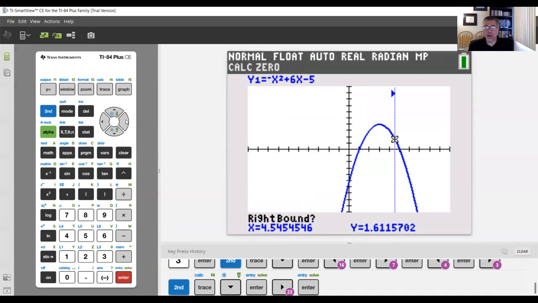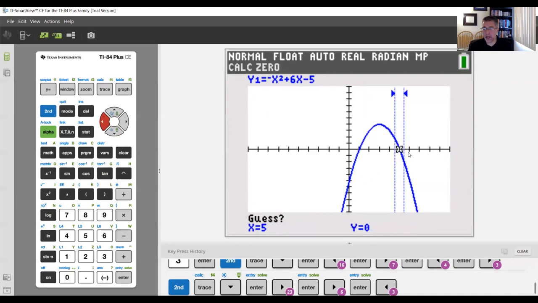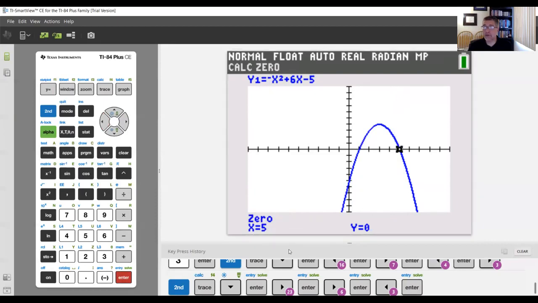Then I go to the right of the intercept and hit enter. Then I make an educated guess based on line of sight of where I think this is, hit enter, and look at that. My next zero was at 5. So this helps me get the x-intercepts: the first was at 1, 0, and the second was at 5, 0.